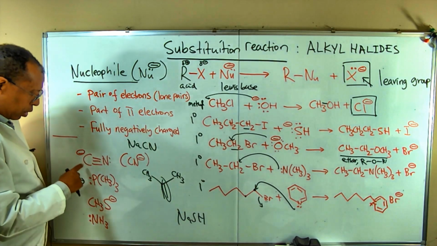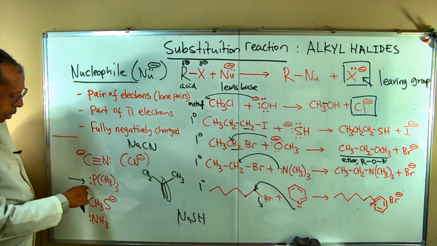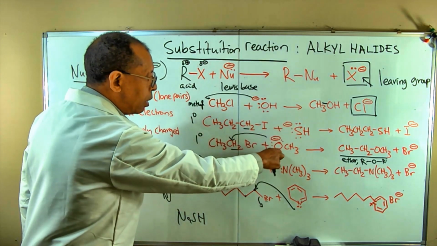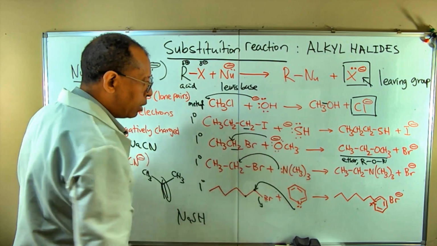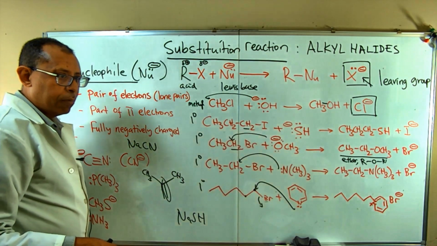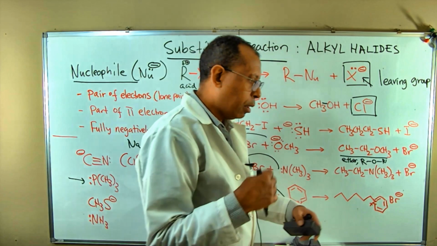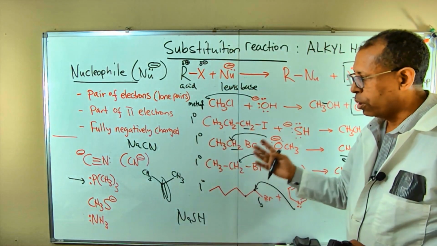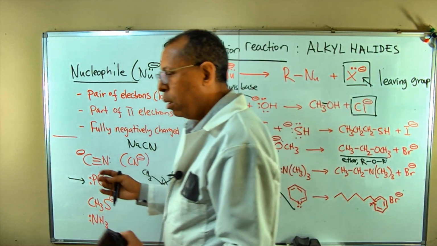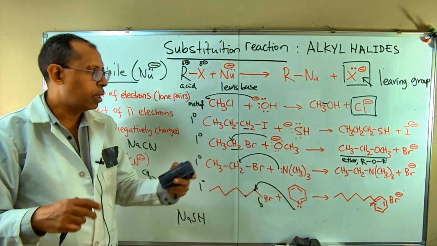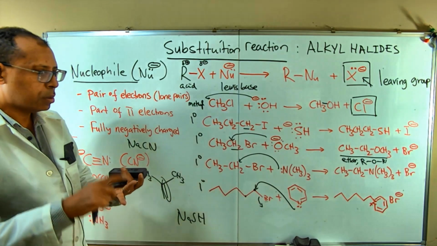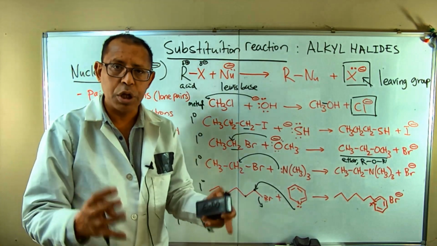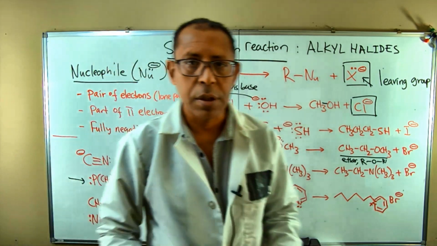Fully negatively charged ones, like the cyanide group, hydroxide ion, ethoxide, and methoxide, all these are nucleophiles. As you practice more substitution reactions, you will find that all the nucleophiles either carry a pair of electrons, maybe a lone pair, or maybe they have a very rich pi bond in their system.